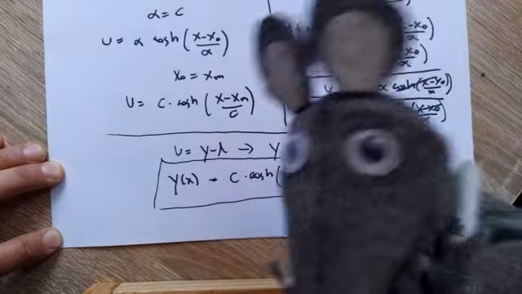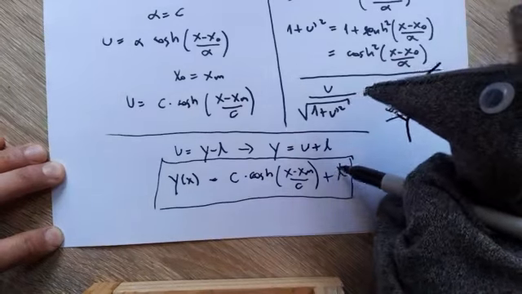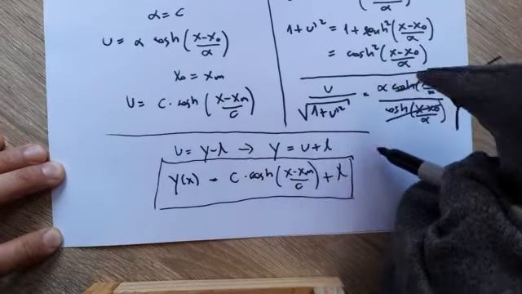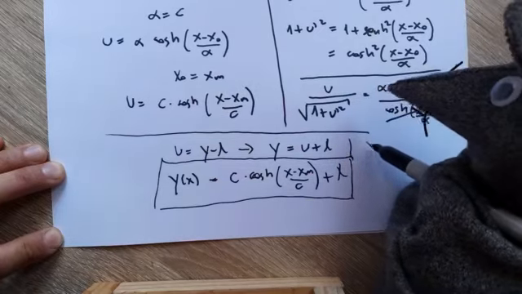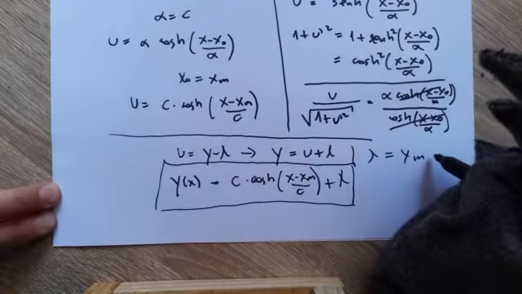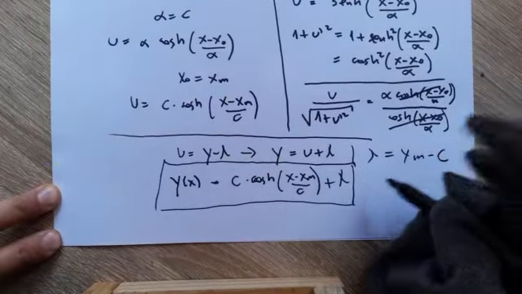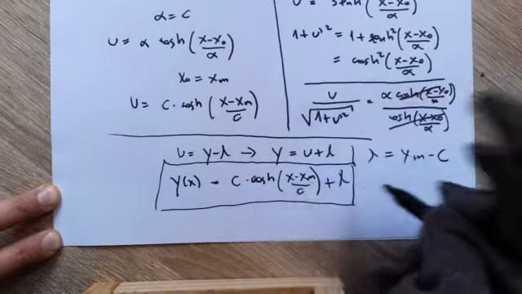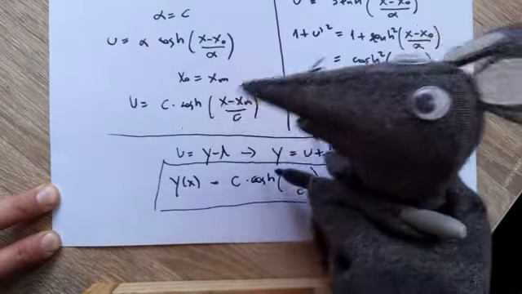Lambda in this case will necessarily be ym minus c, because hyperbolic cosine of 0, when x equals xm, is 1, so we got a 1 here.